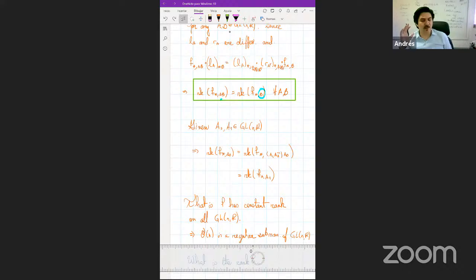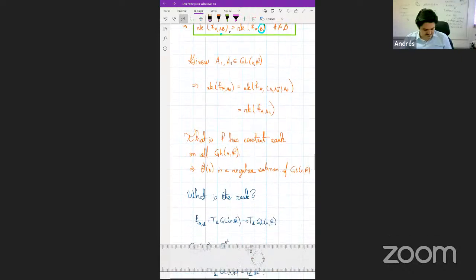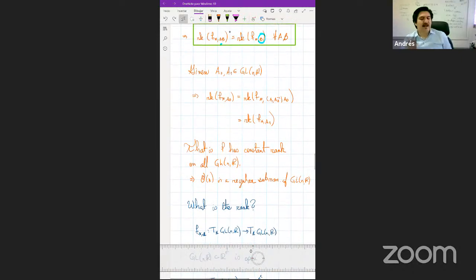That's all the knowledge that we use here. So now we need to find the value of the rank. Since the rank is the same at any point, I will take the identity and try to find the rank of this linear map.